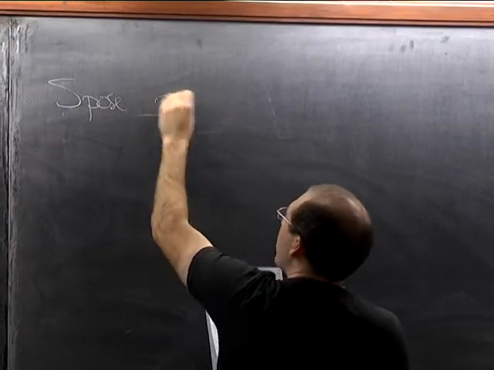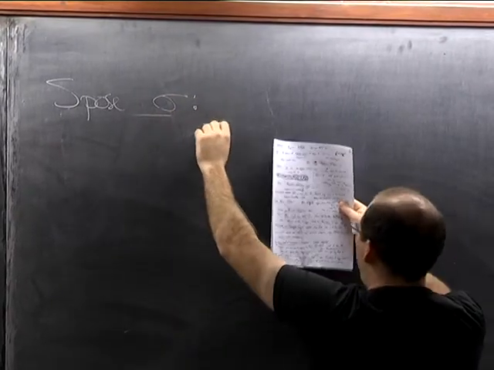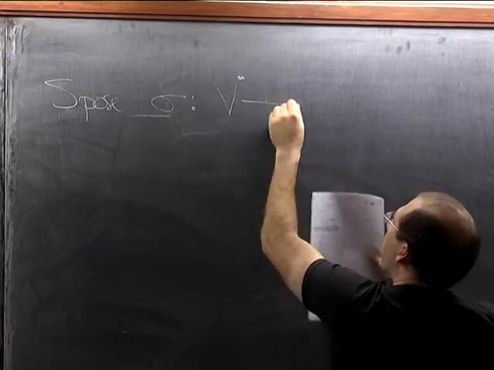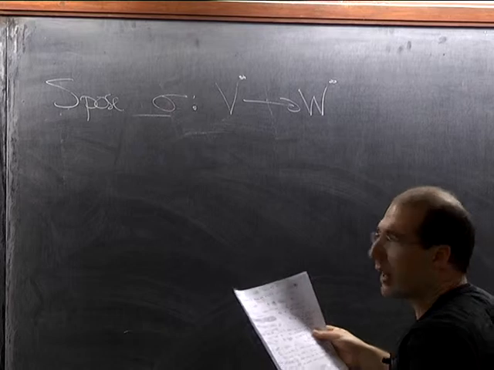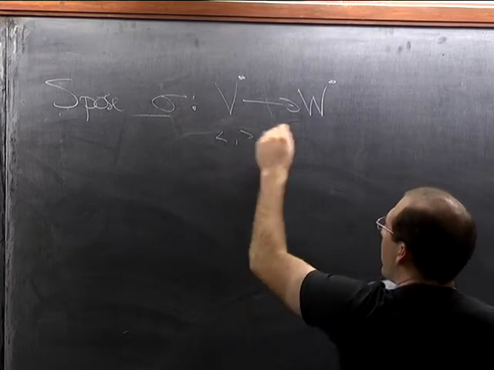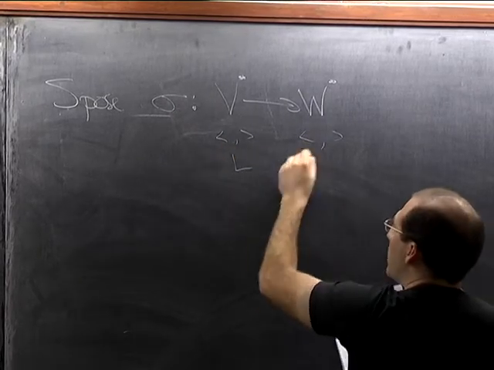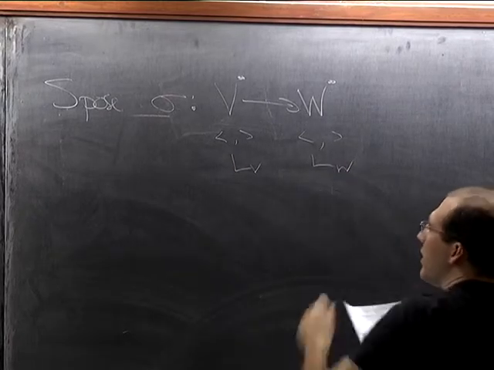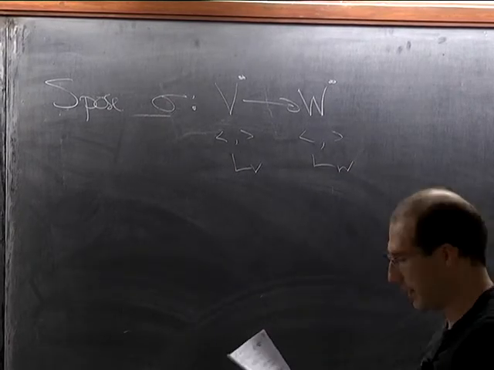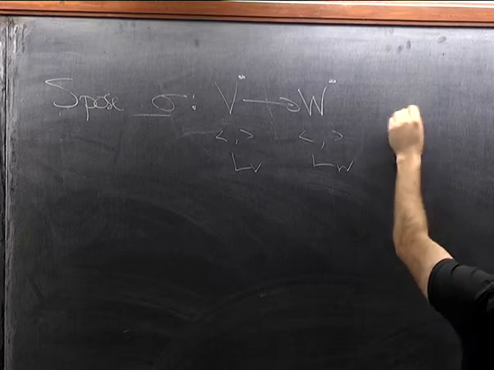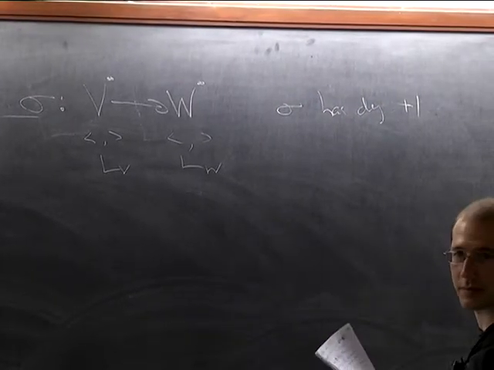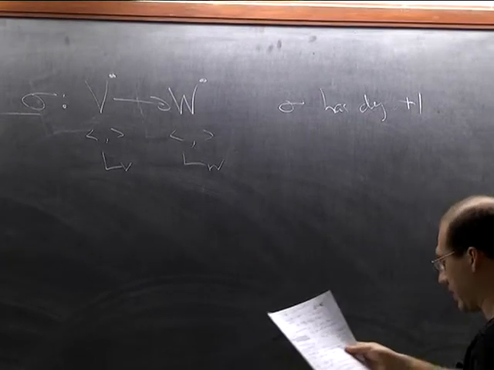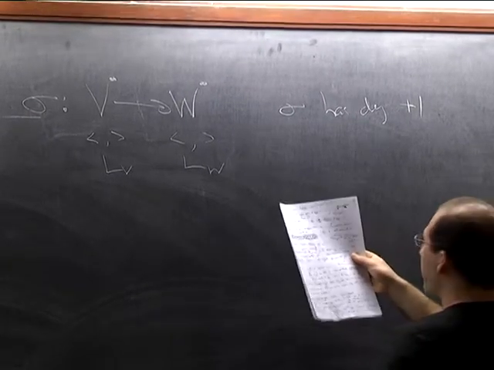So suppose that sigma is a map from a graded vector space V to a graded vector space W. These things both have their forms, and they both have Lefschetz operators. Now, sigma has degree +1, so it sends Vi to Wi plus 1.